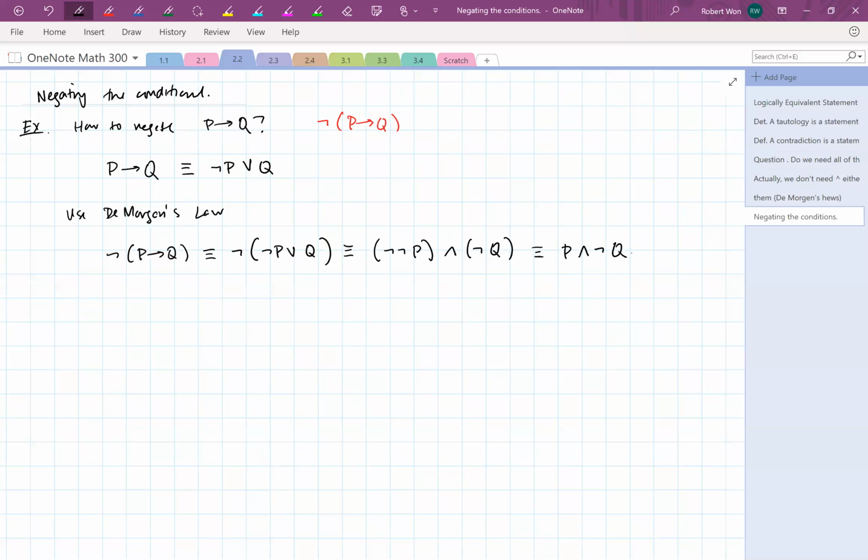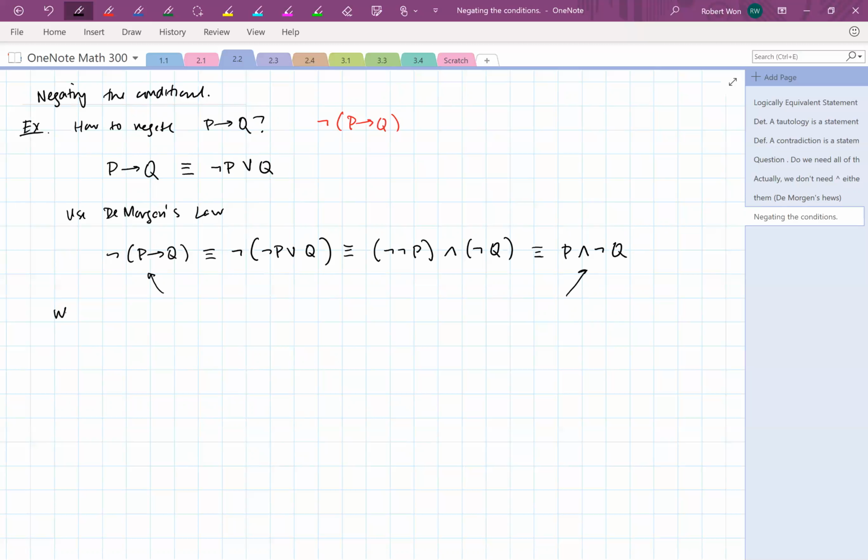The conditional is false exactly when P is true and Q is false. Which is exactly what this whole line is saying. The negation of the conditional is the same thing as P and not Q.